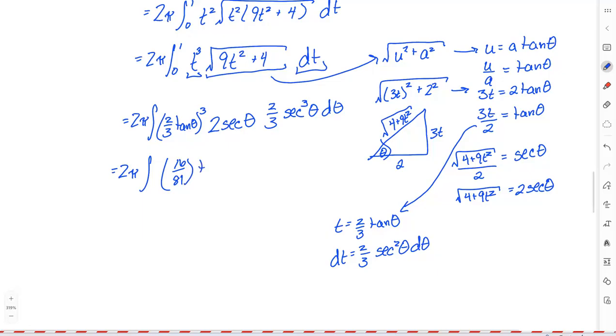And that's going to be times a 2, which is 32. So this is tangent cubed, secant cubed. So I'm going to move this number outside. 2 times 32 is going to give me a 64 pi over 81, and I'm integrating tangent cubed times secant cubed. I'm going to think about this as tangent squared times tangent.